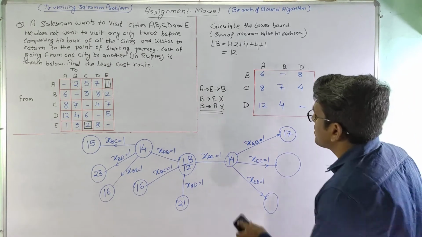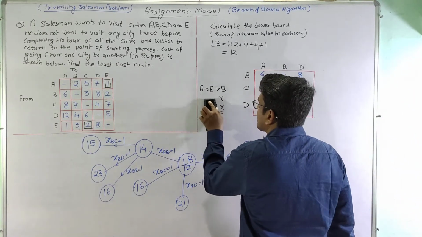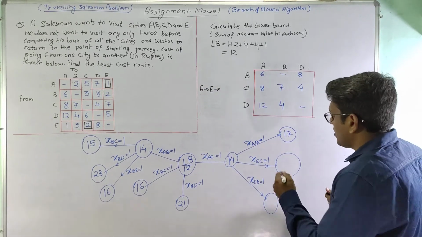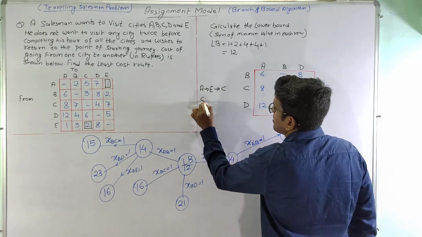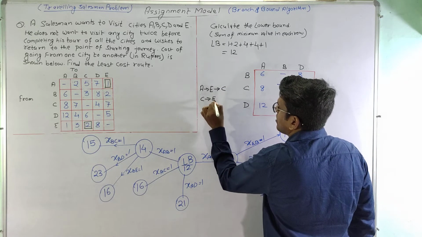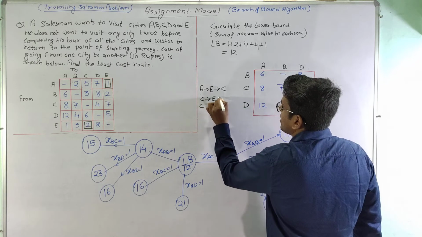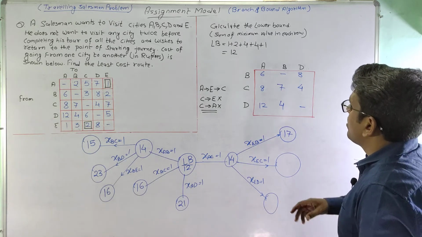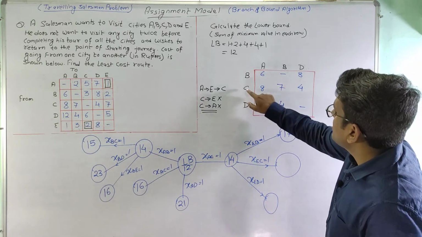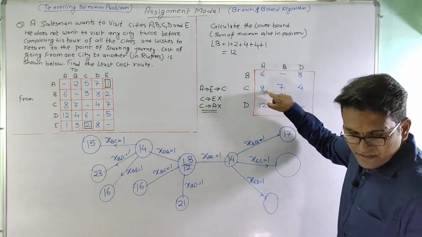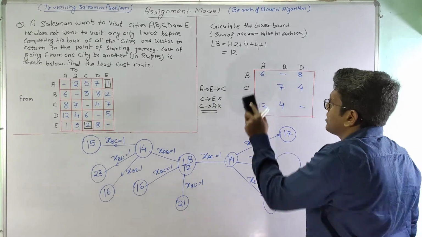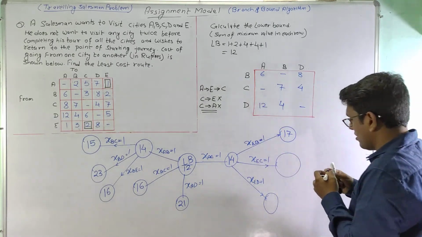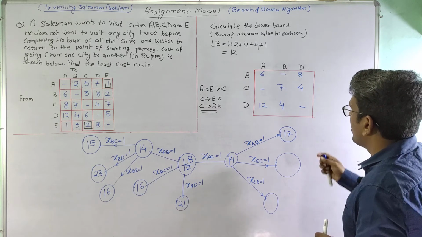And we need to see that the salesman is moving from E to C this time. So E to C, that means it cannot move from C to E or C to A. So these two conditions are not possible here. So we can see that we have a C to A value here. So we will erase this value and we will put a restriction here by just writing a dash sign.